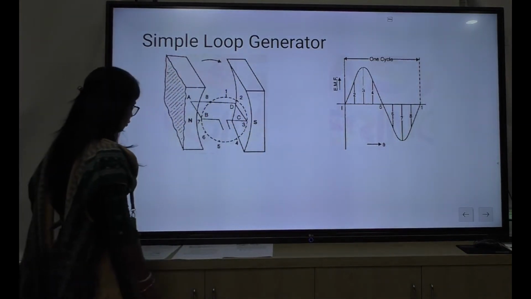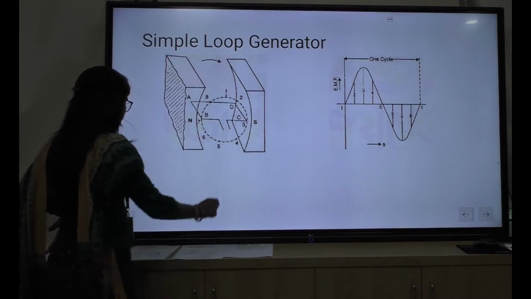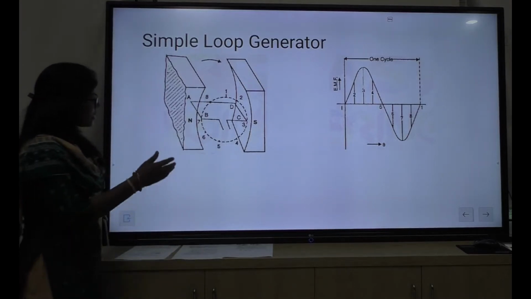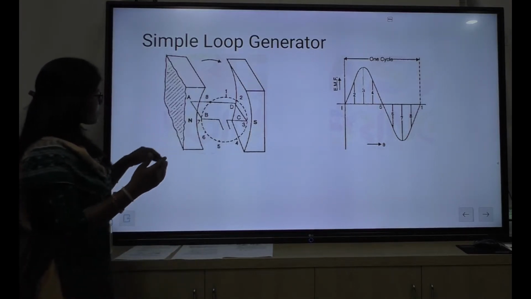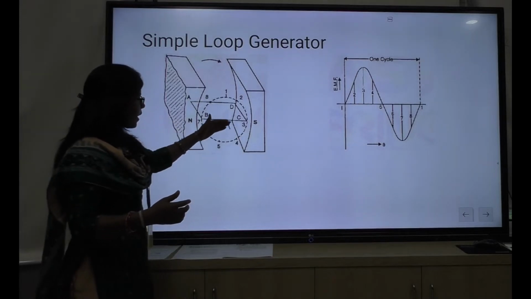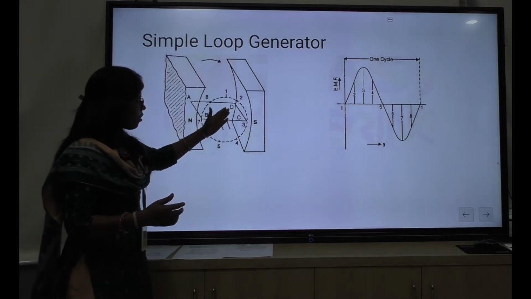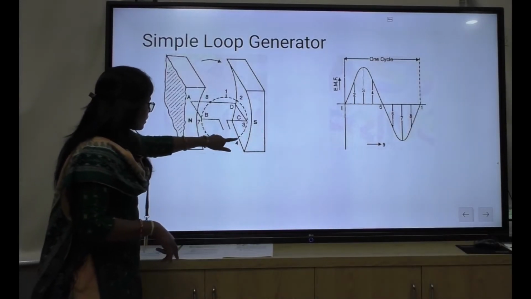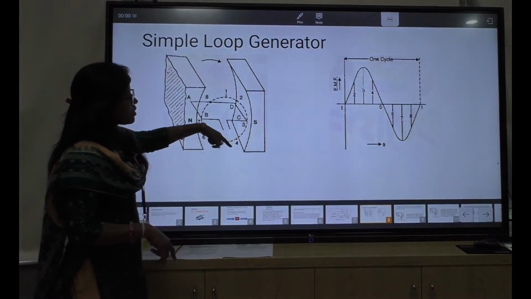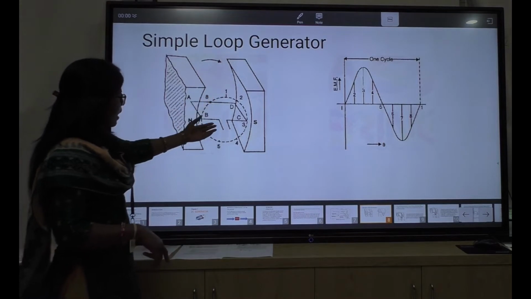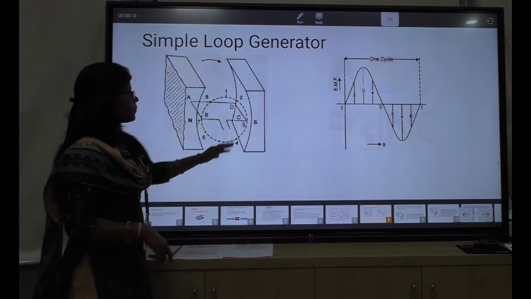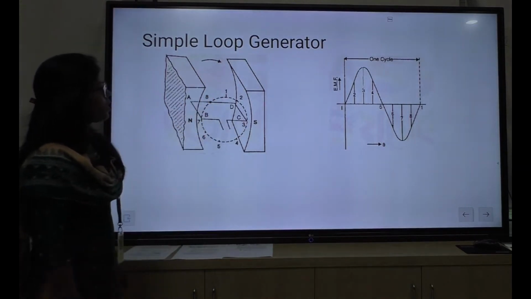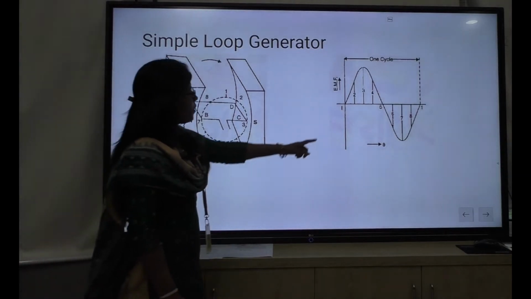Similarly, at position 4, the EMF is less because the angle between the lines of flux and the coil sides is less than 90 degrees. So, in that case the induced EMF is less as compared to point 3, which is shown in the figure at point 4.